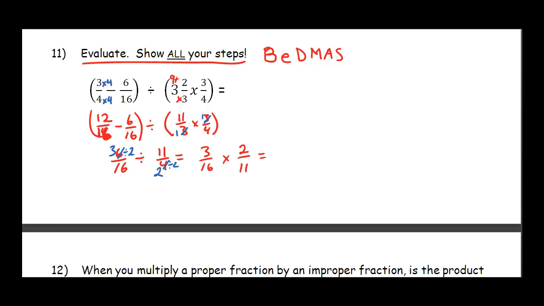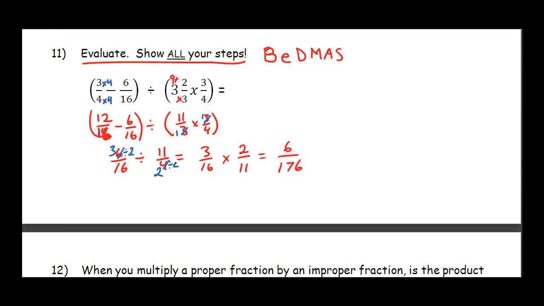So now we have 3 times 2 is 6, and 16 times 11 is 176. Well, okay, now I gotta go for my divisibility rules. Let's see, 1 plus 7 is 8, plus 6 is 14, so it's not divisible by 3, but I know this is divisible by 2.